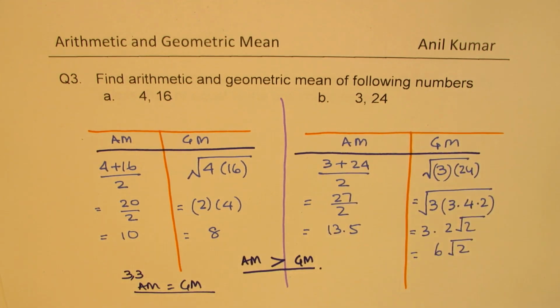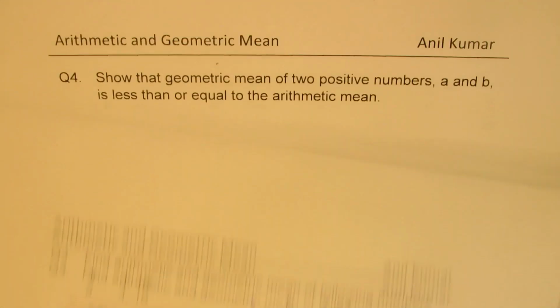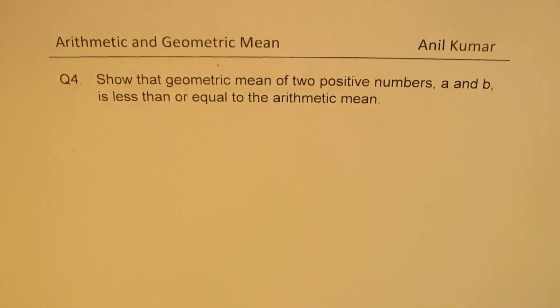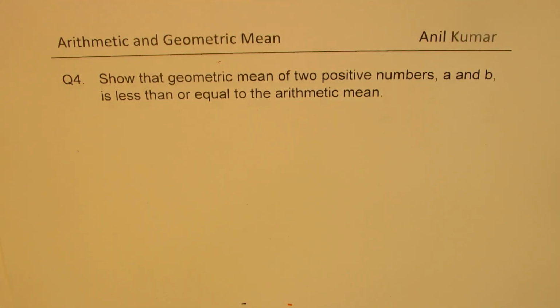Okay, so let's take the fourth question now, which is an extremely important question. I'd like you to pause the video, copy this question, and then look into my suggestions. One of the most important topics here is to understand arithmetic and geometric means and the relation between them.